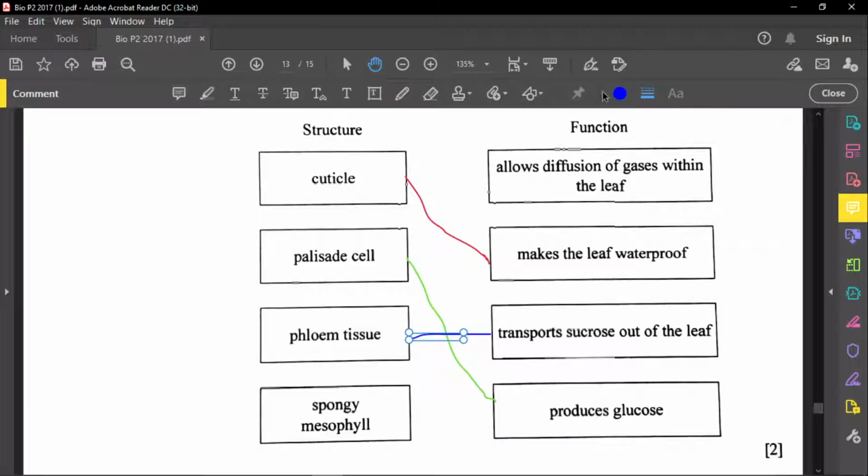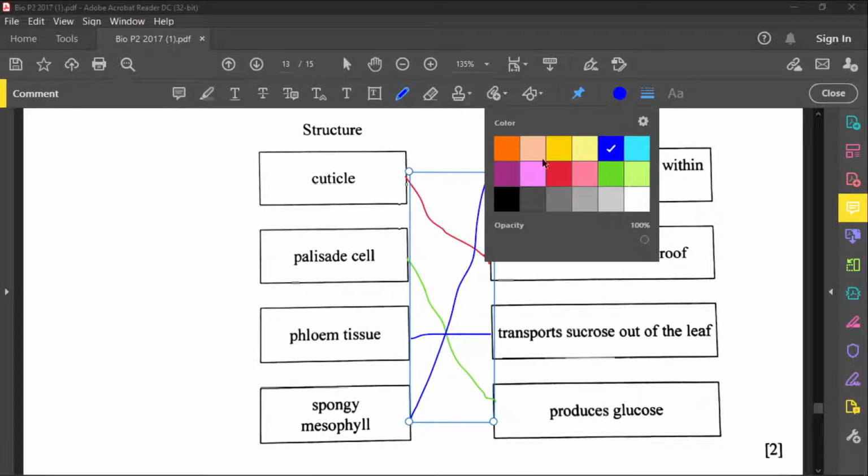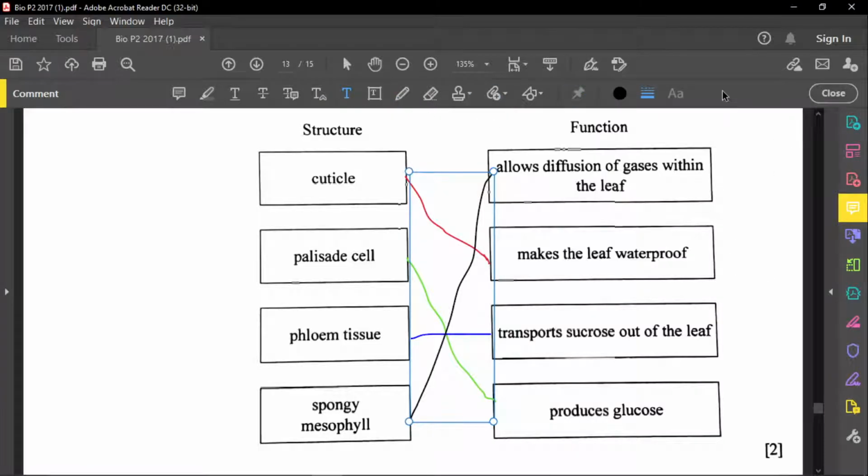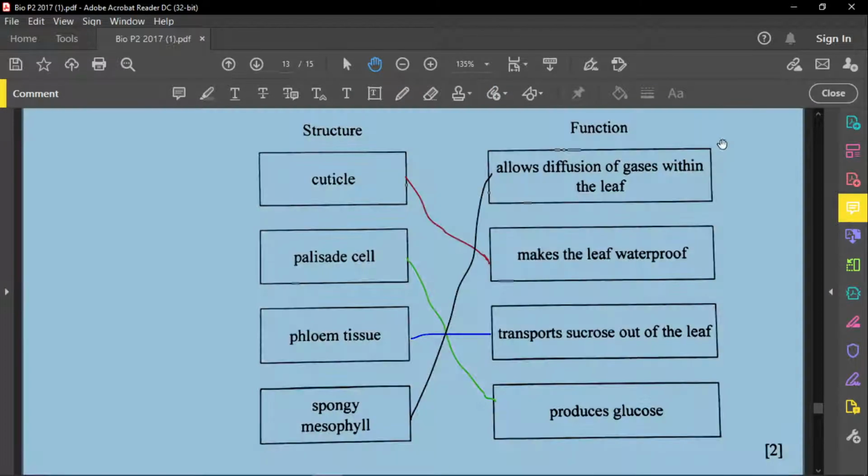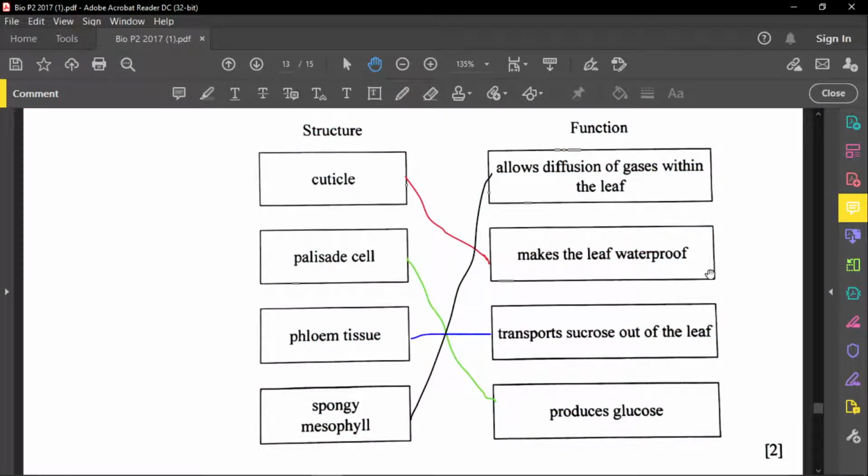Our last one, we are going to look at the sponge, which is the last one. So definitely that will go straight up to that one. Let's put that into probably black. All right, so those will be our options. You should be all right with that. Excellent. You can see the matching there.